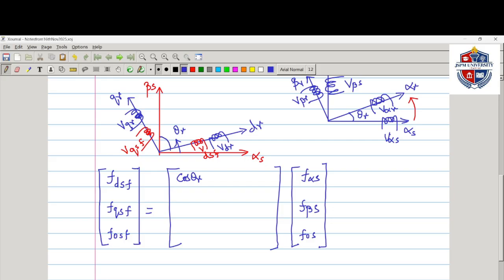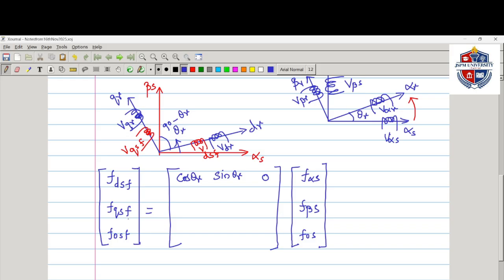So this angle I can write as 90 minus theta R. Therefore we can write cos of 90 minus theta R, that is nothing but sin theta R, and for the zero axis it will automatically be 0.